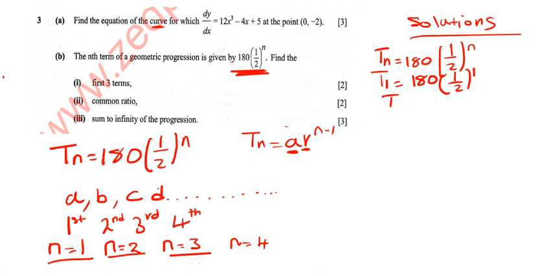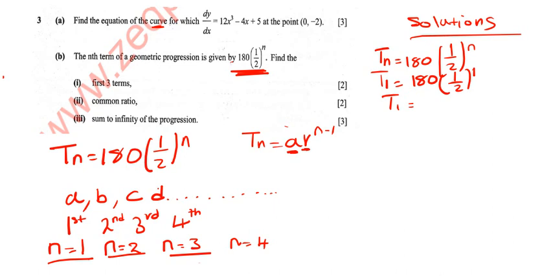So T1 equals, here you use a calculator. Since it is in brackets, you have multiplication there, so you say 180 multiplied by 1 over 2, or you can start with 1 divided by 2, which equals 0.5, multiplied by 180. So we are going to have 90.